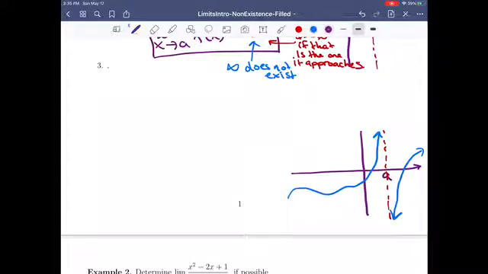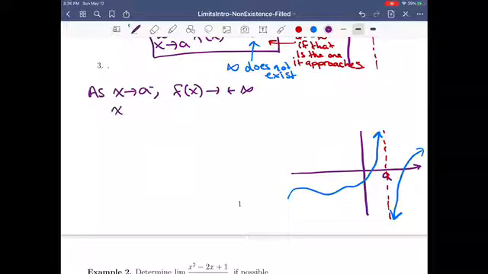As x goes to a from the left, f of x goes to positive infinity. And as x goes to a from the right, in my picture, f of x goes to negative infinity.